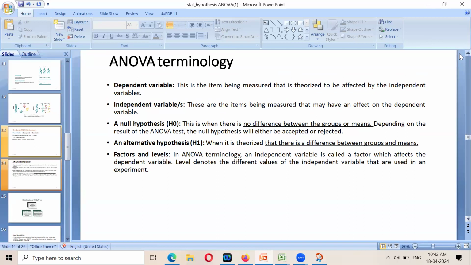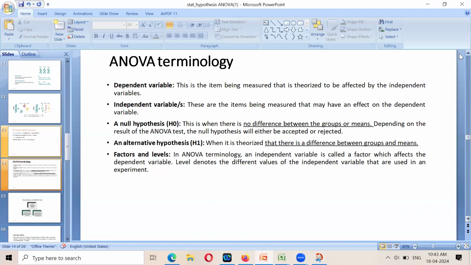the output, that is nothing but the dependent variable, which is influenced or affected by the independent variable. For example, suppose my salary depends upon my experience, the number of years of experience. So my salary is the dependent variable and the independent variable is the number of years of experience. Independent variables are the items being measured that may have an effect on the dependent variable.